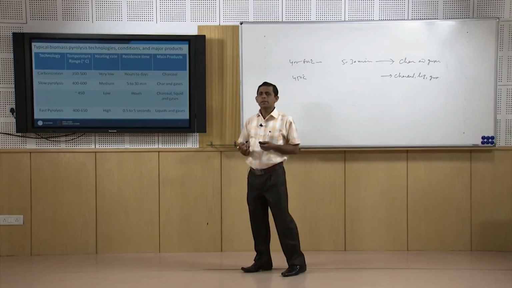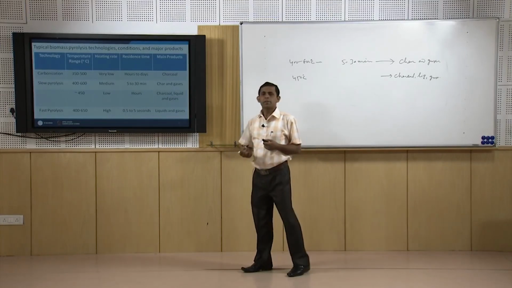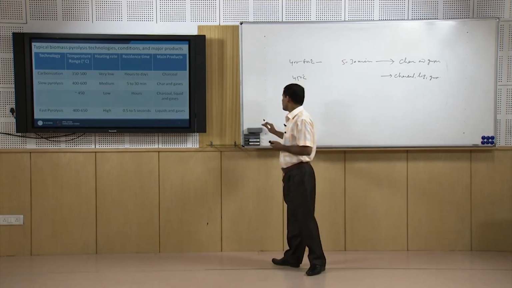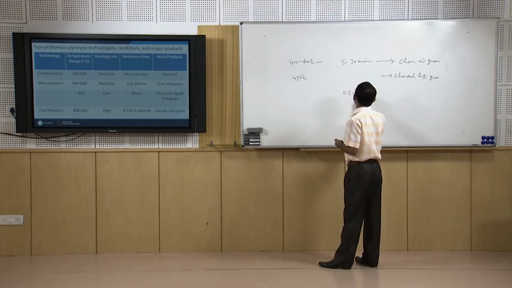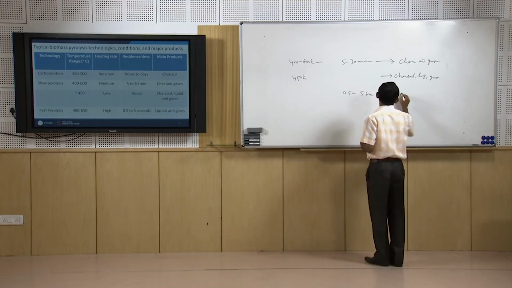Now, fast pyrolysis uses a temperature of 500 to 650 degree centigrade and a high heating rate, and the residence time is also less, only 0.5 to 5 seconds, and it gives us liquids and gases.